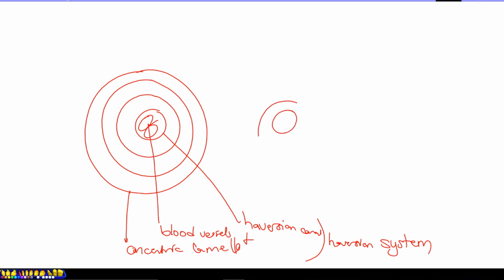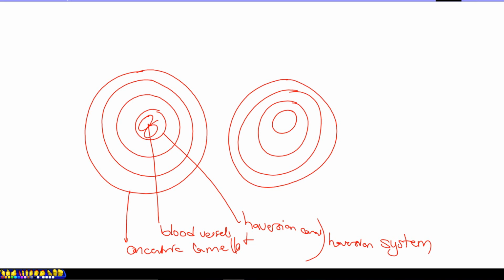Close to this Haversian system, we may draw another one. Similarly, blood vessels, and osteocytes, which are arranged in the form of circles in what? In the concentric lamella.